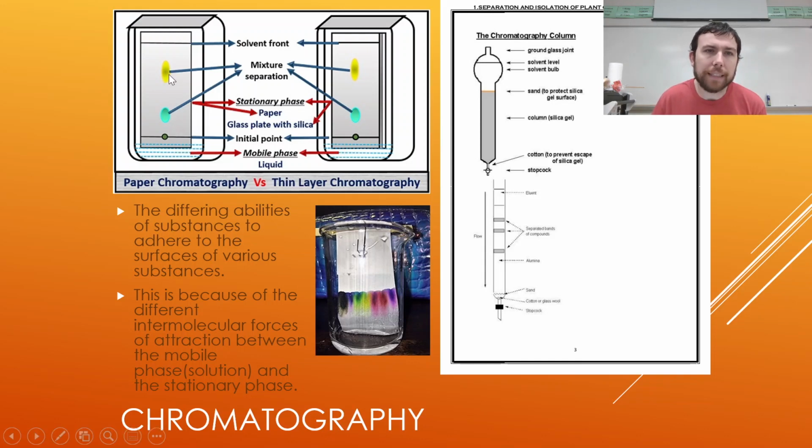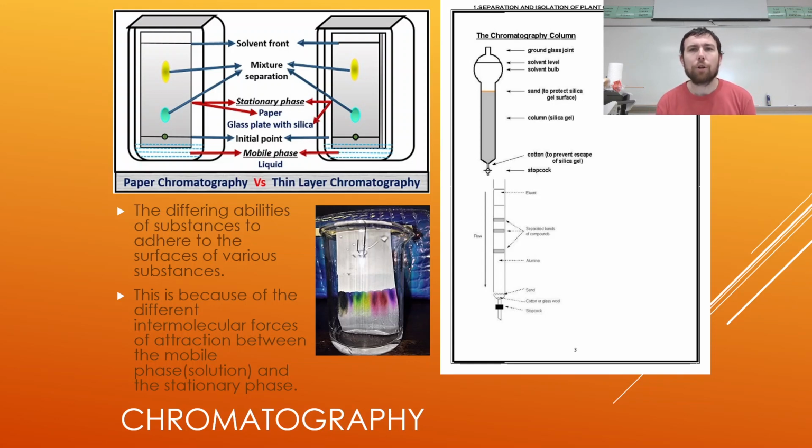You can measure that distance and then measure how far the solvent traveled. You can use what's called the retention factor, or Rf, which would be the distance moved by, let's say, your particular component divided by the distance moved by the solvent. That would give you your retention factor, which would tell you how far that particular component traveled, right?